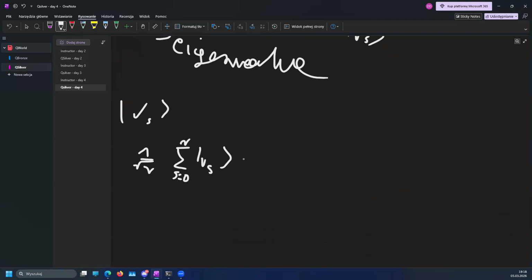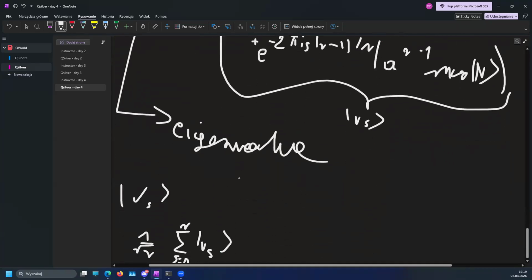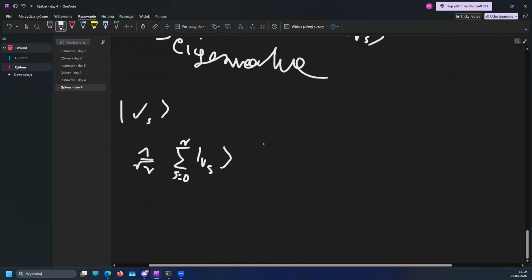Just a broader picture to notice is that we will use the superposition in the phase estimation algorithm. And since the eigenvalue of Vs is equal to that, the phase estimation algorithm will yield an approximation to this.